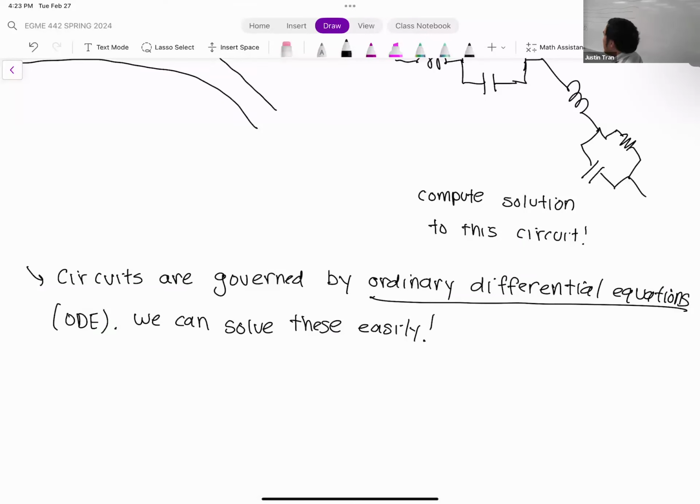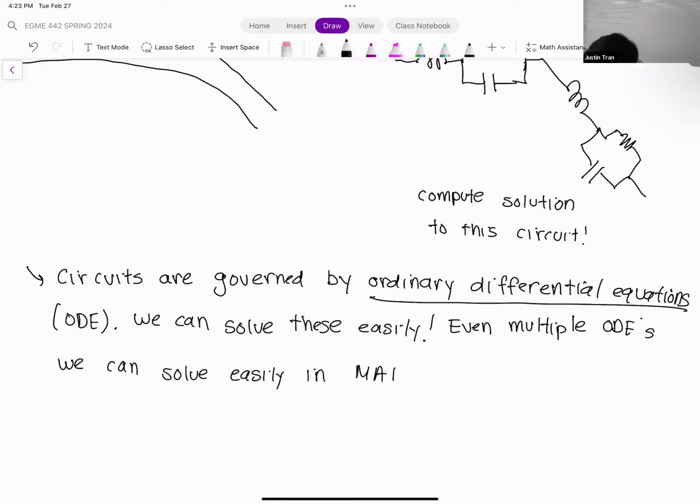So not only one, but you're solving maybe 3 or 4 or 5 ordinary differential equations simultaneously. That may be a little bit difficult to do by hand, but that's actually quite easy to do in code. And I'll show you the code and how to solve it in MATLAB.